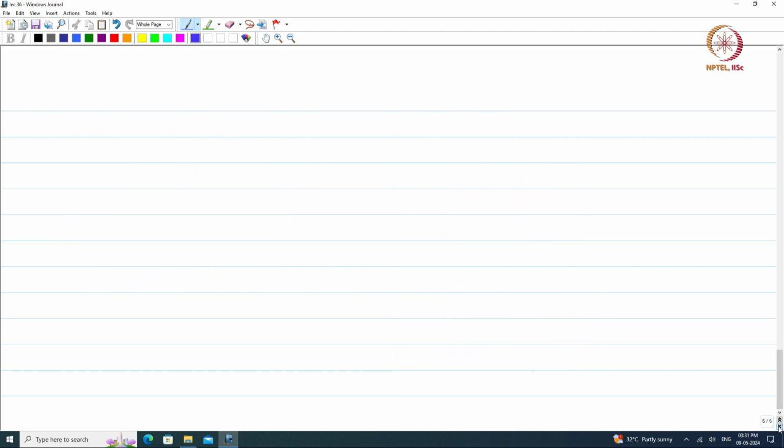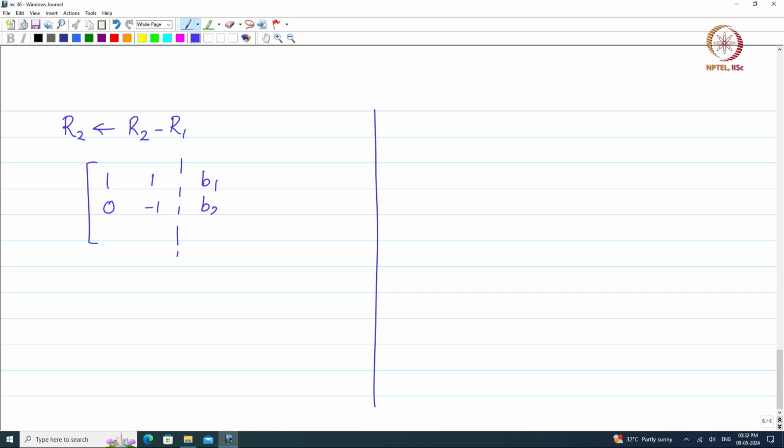Now from here let us do the next step. I am going to do R2 is R2 minus R1. So I am going to get the following. So I am going to get 1 1 B1, 0 minus 1 B2 minus B1, 0 minus 1 B3 minus B2.